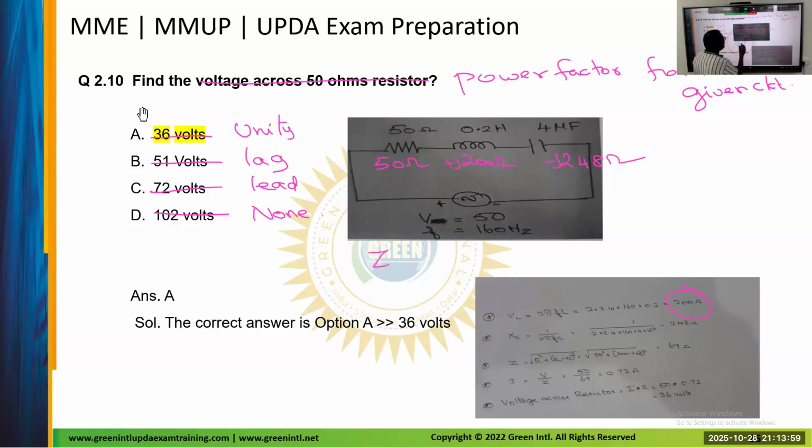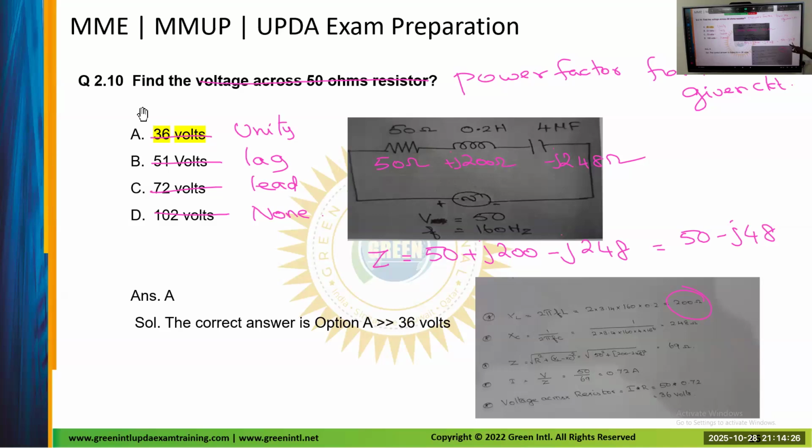Then what is Z? Z is equal to 50 plus j200 minus j248, correct? j200 minus j248, we may rewrite as 50 minus j48. Correct?